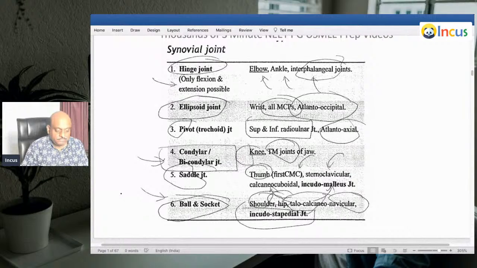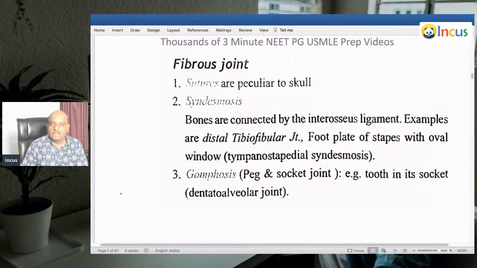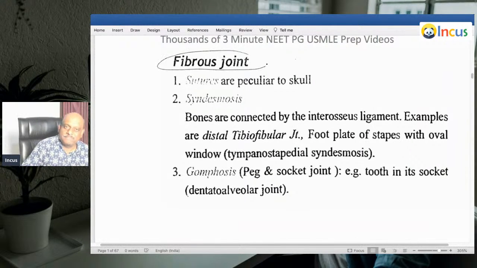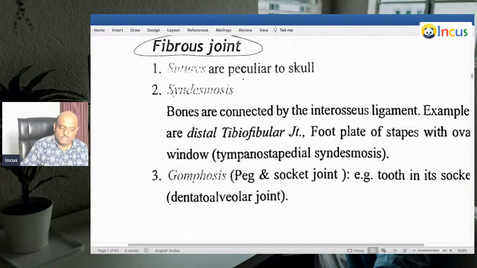Now doctor, the next question is the different types of joints. If you look at the fibrous joints, typically the sutural joints are peculiar to the skull. Syndesmosis is where the bones are connected by an interosseous ligament.